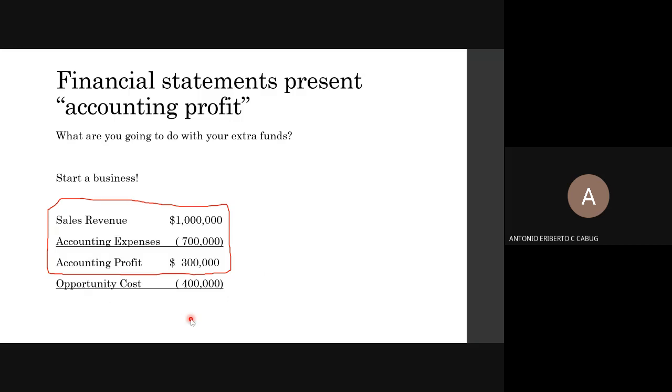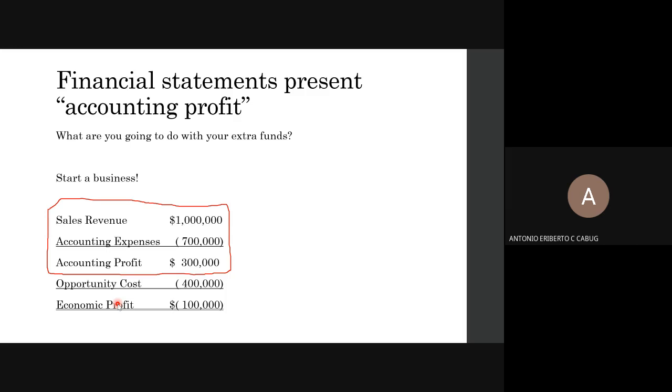We need to account for them. So this would lead us to the concept of economic profit. Okay? Our economic profit here is actually an economic loss, no? So what's the economic loss here? 100,000.